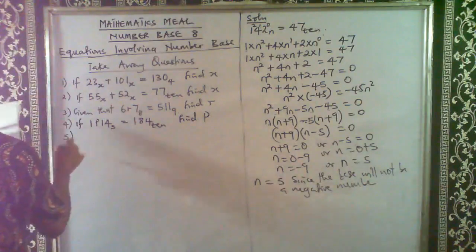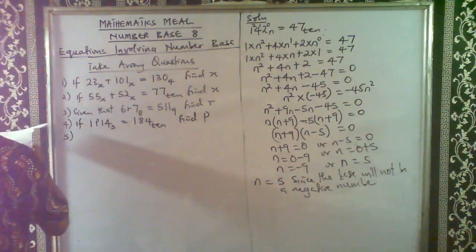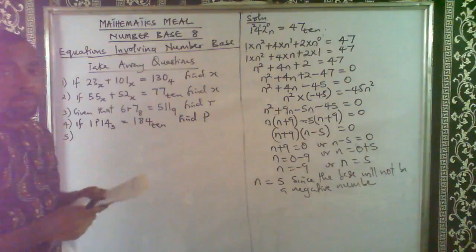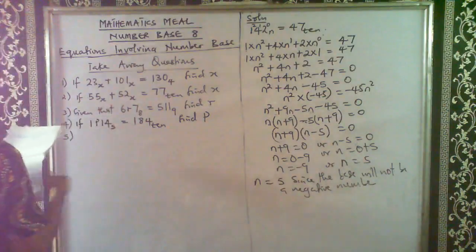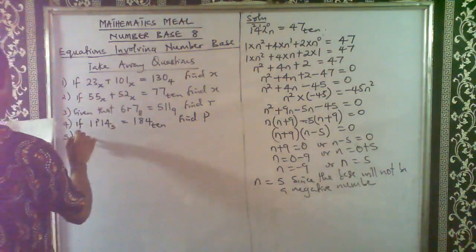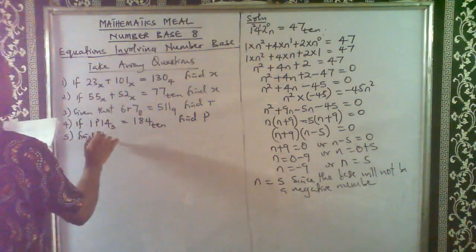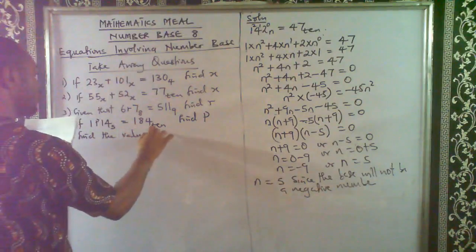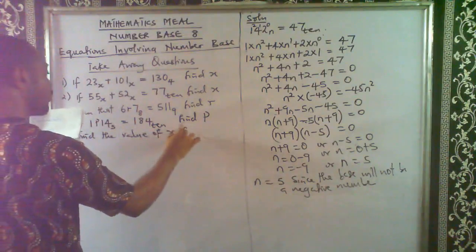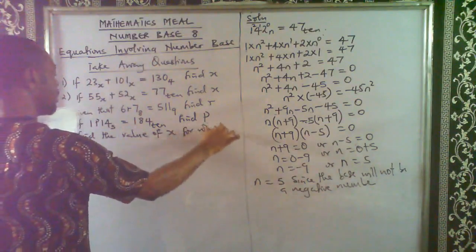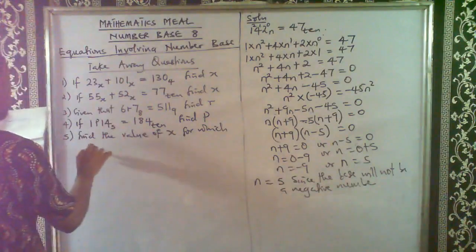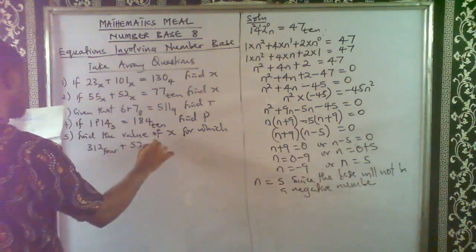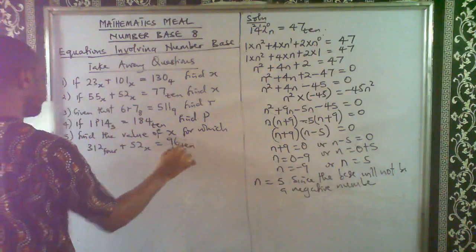And finally, let's find the value of x. It's very simple. Find the value of x for which 312 in base 4 plus 52 in base x is 96 in base 10.